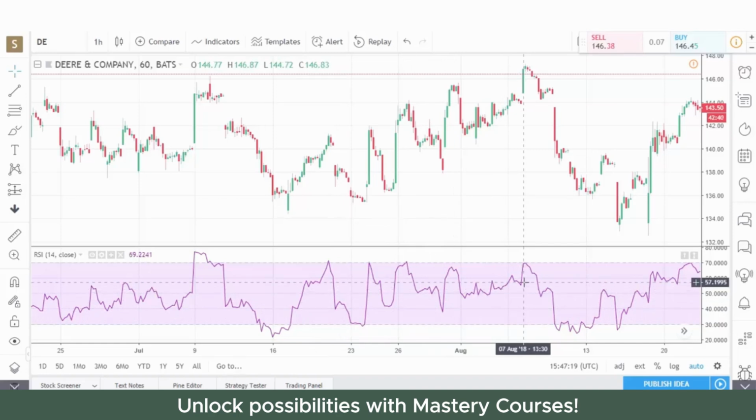We get close to overbought a couple of places as the stock is trading in a range here on the 26th and here on the 7th. The stock does turn down at this point, and we get several oversold indicators in a row here, another one here, and you'll see a divergence here.